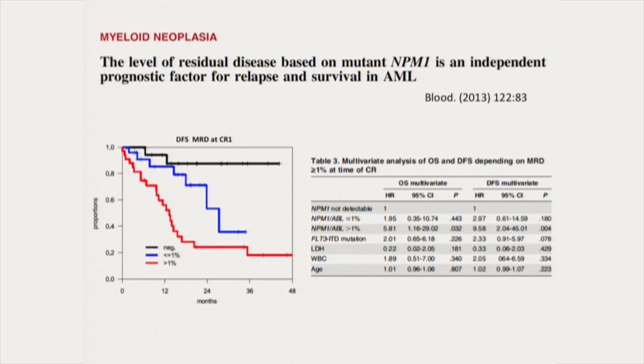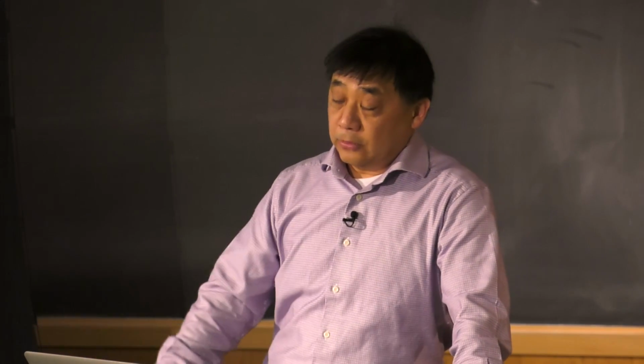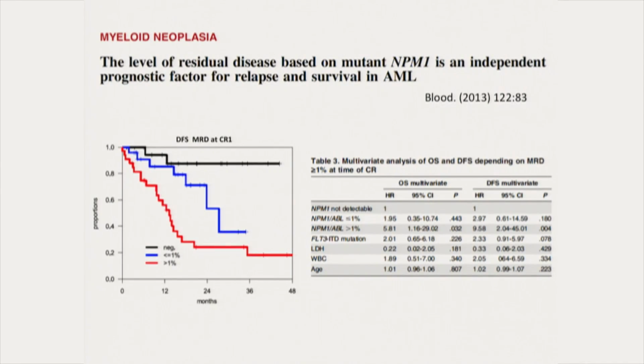And remember, with MRD detected by flow, those patients relapsed almost all within the first year or even earlier. And here we can see the duration to relapse is much broader. This includes early relapse as well as a subset of patients who relapse after the first year. I consider this a sign of improved sensitivity, with clinical significance.